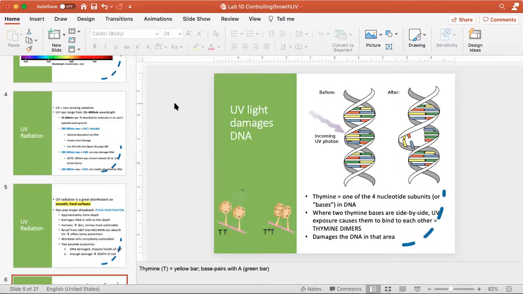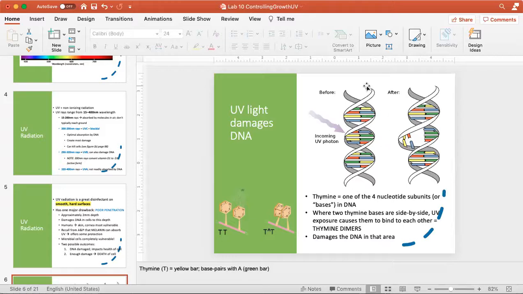Let's talk about what ultraviolet is doing to the DNA molecule. Remember, the DNA molecule that's in our cells is the exact same molecule that's inside microbial cells. The exact same structure, the same 4 bases. It's the same molecule and it suffers the same fate when it gets exposed to ultraviolet.